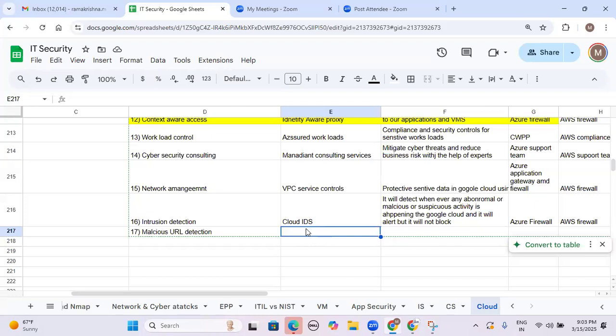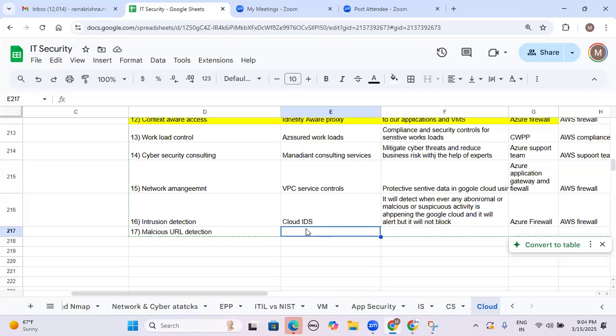In those scenarios, if we enable this service on all those endpoints and also on the respective application side, then it will identify whether malicious content exists or not. And accordingly, it will take the appropriate action, either allowing, alerting or blocking. So those things can be taken care of using malicious URL detection.